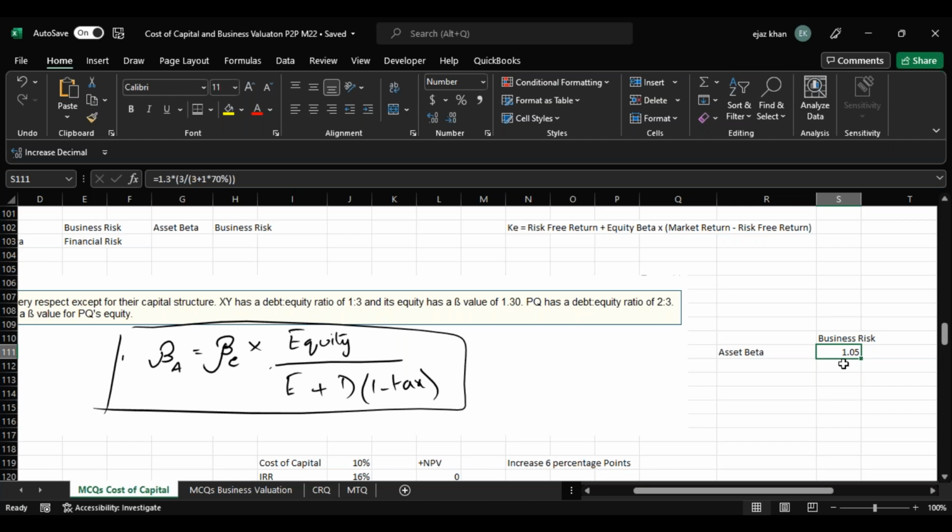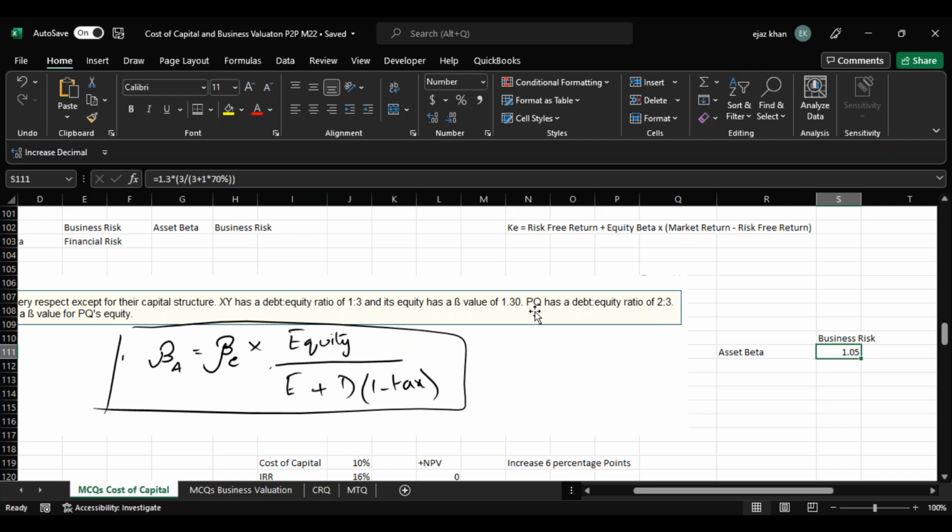Do you people agree to this statement? Yes. So we can say this is the asset beta of XY company, or we can also say that this is the asset beta of PQ company, as it's a similar company operating in the same business. So we can treat this asset beta as the asset beta of PQ company as well.